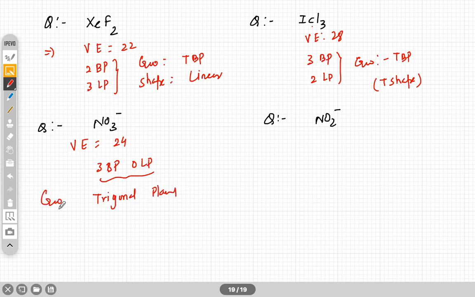Geometry and shape. NO2 minus. It has valence electron 18. So it has 2 bond pair and 1 lone pair. So it is also, what is the geometry? Geometry is trigonal planar.